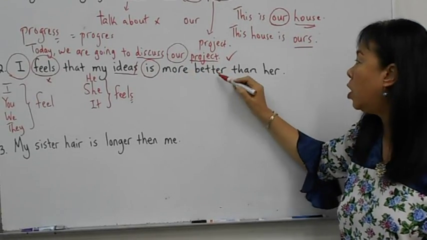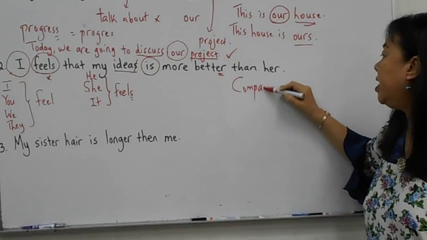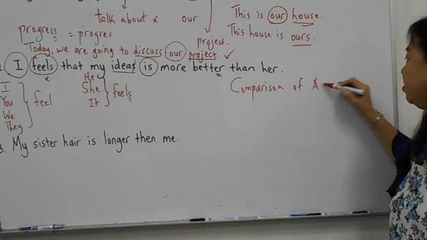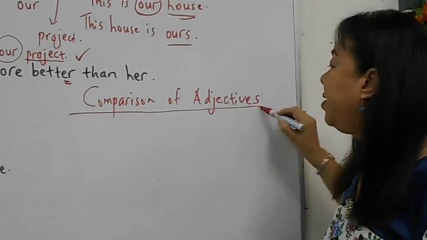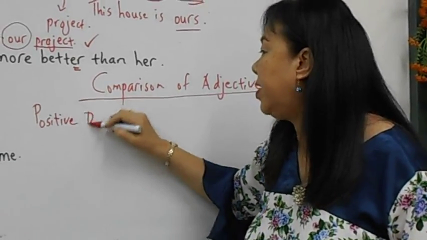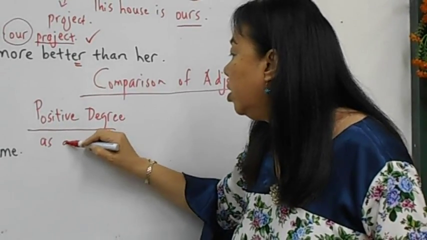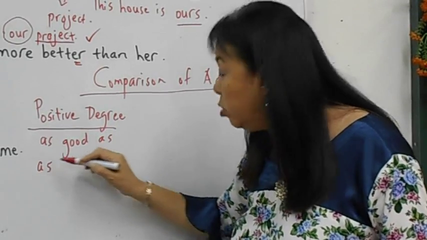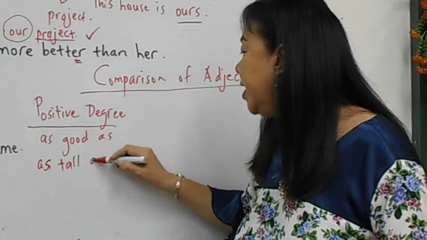No. Because when you have an ER, it drops under the category of, in English grammar, we call this comparison of adjectives. So when we talk about comparison of adjectives, we have, first of all, the positive degree. For example, as good as, or I could say, as tall as.